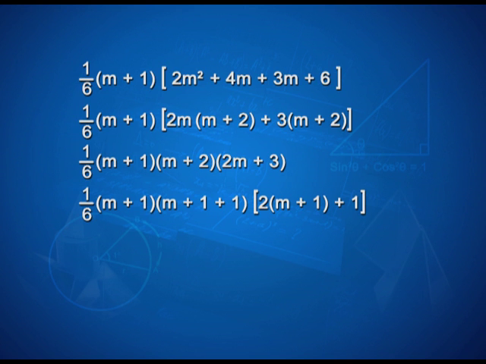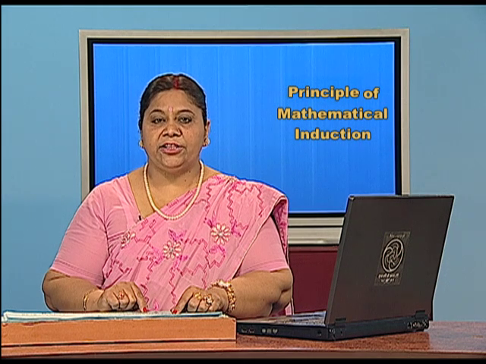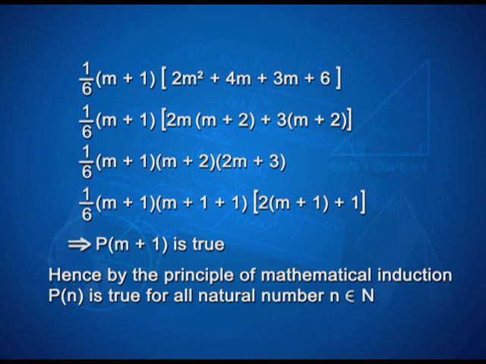That implies p of m plus 1 is true. Hence, by the principle of mathematical induction, p of n is true for all the natural numbers n belonging to N.